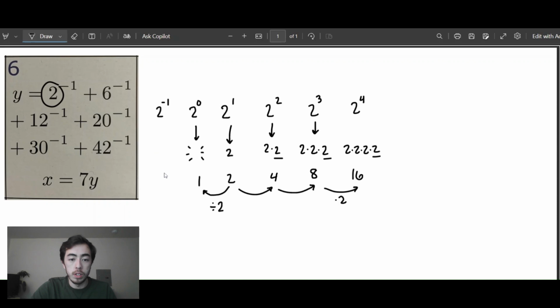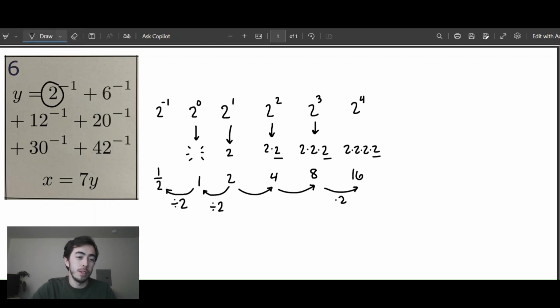And here we could just follow the same rule of dividing by 2 to move left in our pattern. And 1 divided by 2 is a half. It basically, by definition, is, I guess, because this says take one part and split it in 2. The number half is just the same as 1 divided by 2.